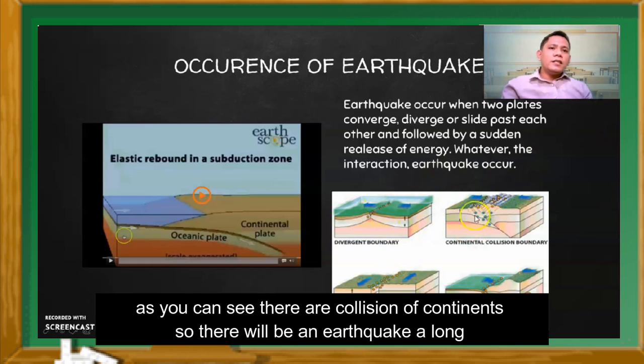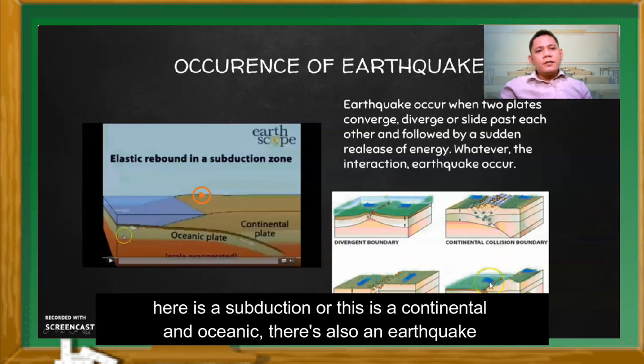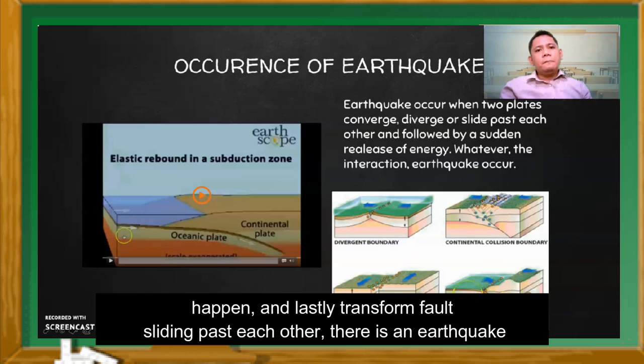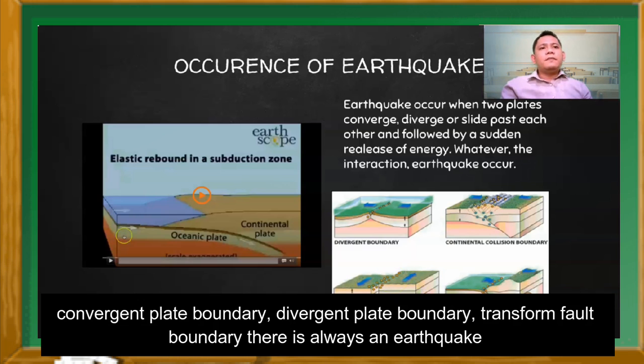Here, as you can see, there are collisions of continents, so there would also be an earthquake. Down here, this is the subduction part, a continental-oceanic boundary. There is also an earthquake. And lastly, in a transform fault, where plates slide past each other, there is an earthquake. So in a convergent plate boundary, divergent plate boundary, or transform fault boundary, there is always an earthquake.